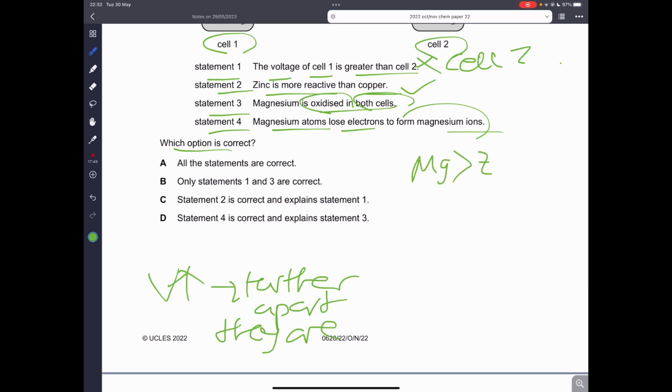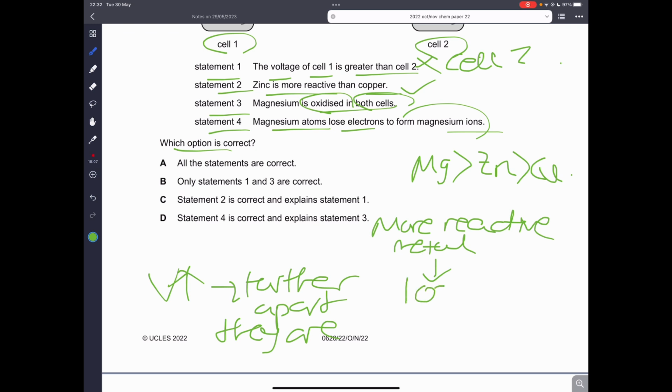Magnesium is more reactive than zinc, more reactive than copper, and so this magnesium, the more reactive metal, is going to lose electrons, and losing electrons is known as oxidation, and oxidation happens at the anode.